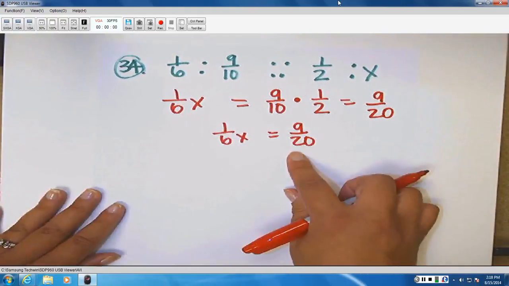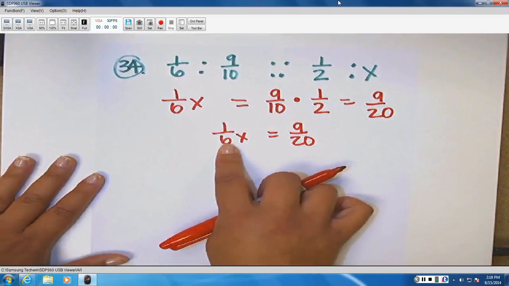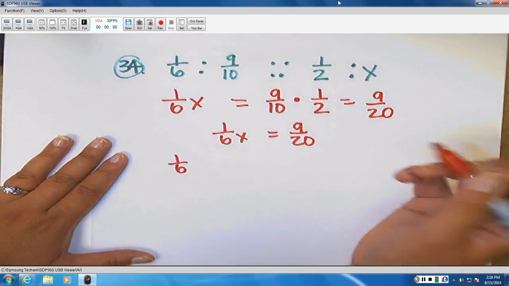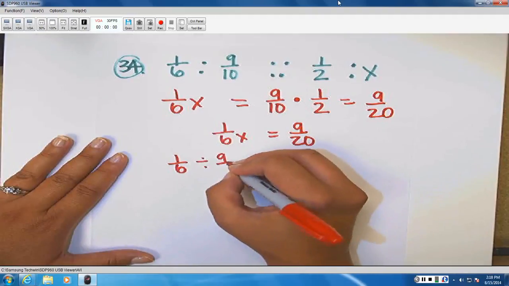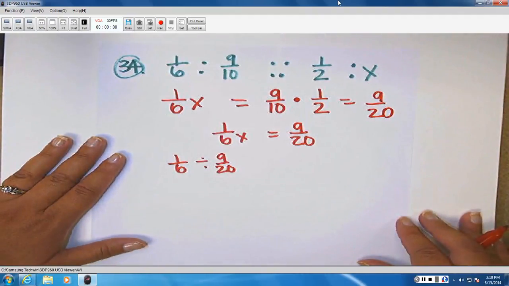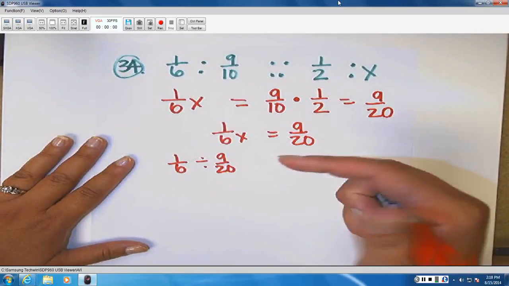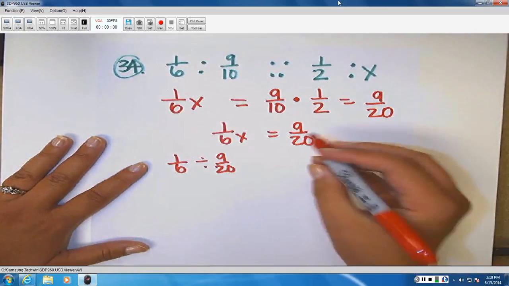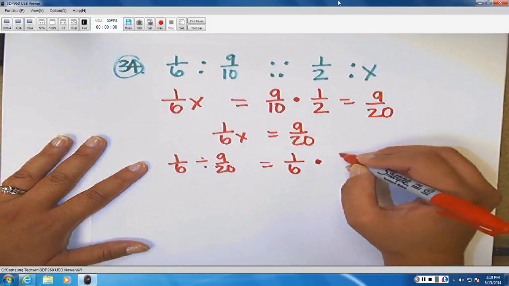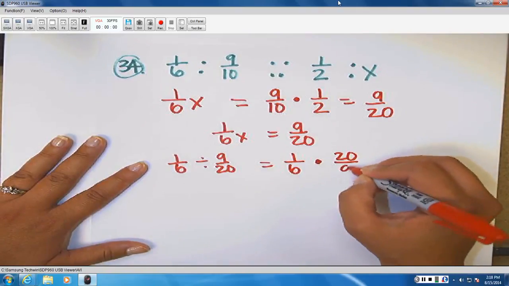I'm now going to take this 9/20 and bring it over here and divide it. So 1/6 divided by 9/20. But instead of dividing, I'm going to flip that second fraction and multiply across. So this is actually going to turn into 1/6 times 20 over 9.